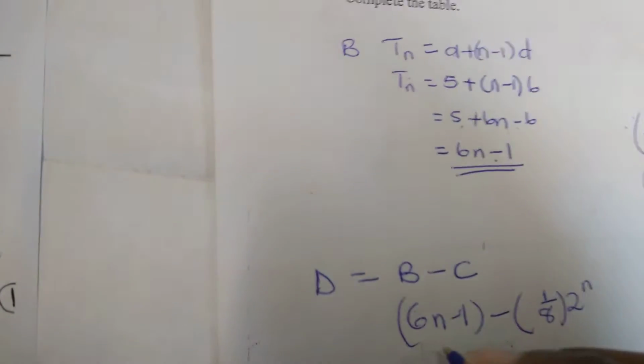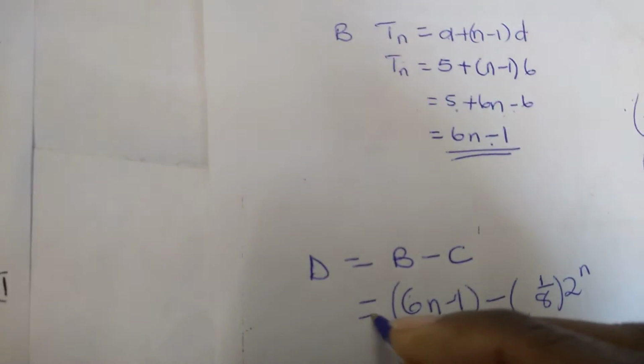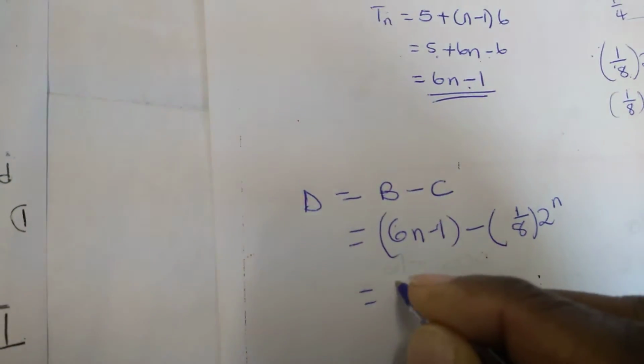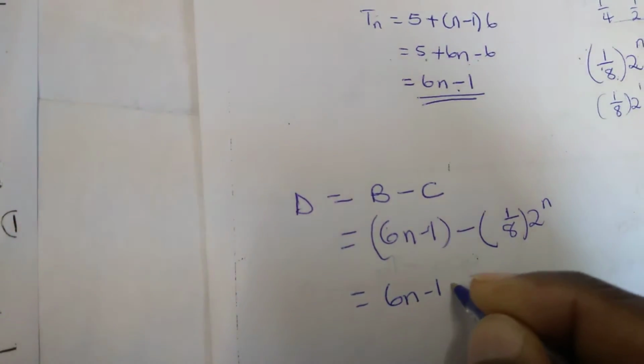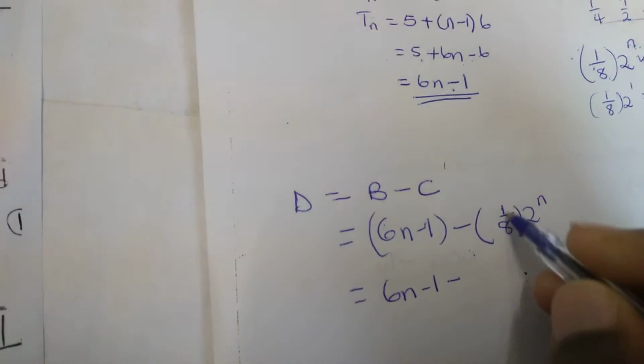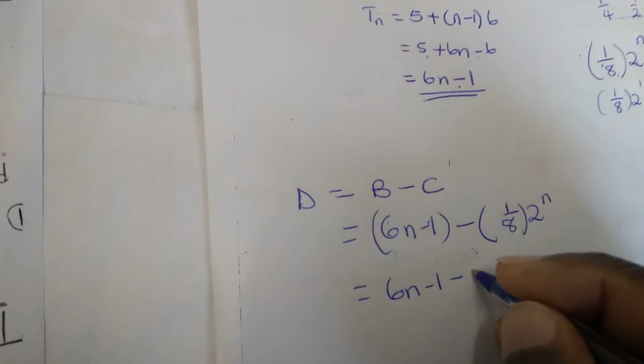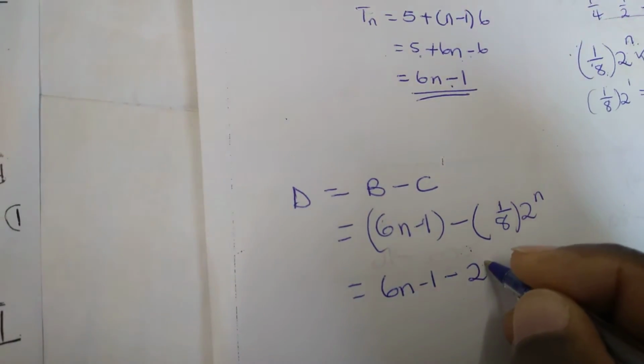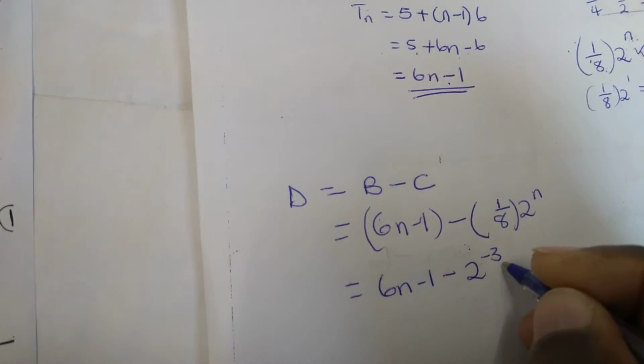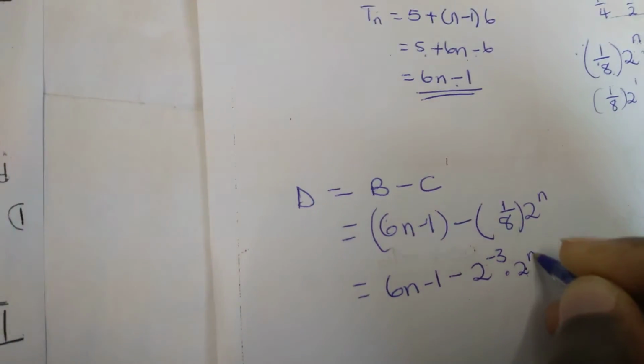You can leave it like this, or you write it in an alternative way. This is 6n minus 1 minus, we know that 1/8 is as good as 2 to the power negative 3. So you can write this as 2 to the power negative 3 times 2 to the power n.